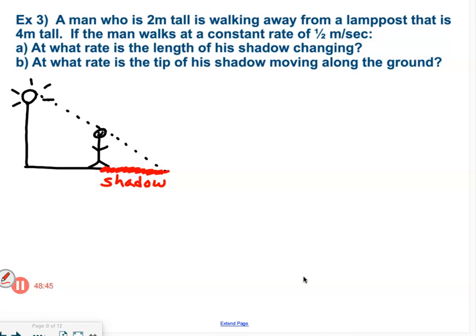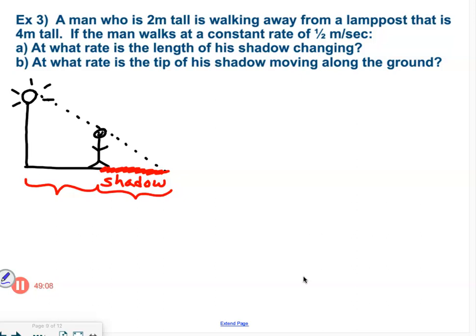All right, we need some variables. We need a variable for this length, and we need a variable for this length. I don't care what letters. Historically, I always just call them A and B, but you don't have to. So what letter would you like to use for the length of the shadow?